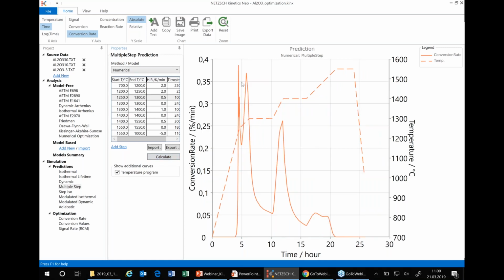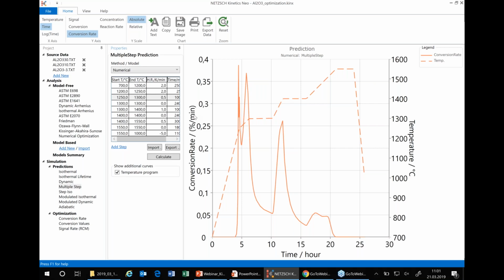Now we have reduced it from 1 to 0.35% per minute. The conversion rate reduced 3 times, and the mechanical stresses have reduced 3 times, and we have improved the quality of the material.